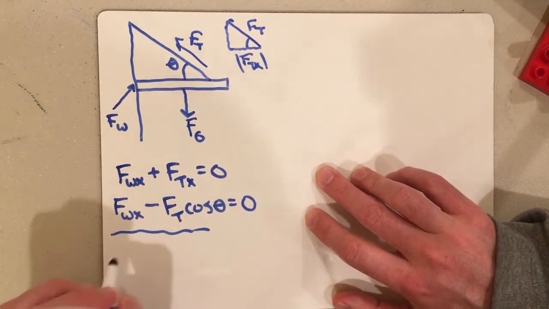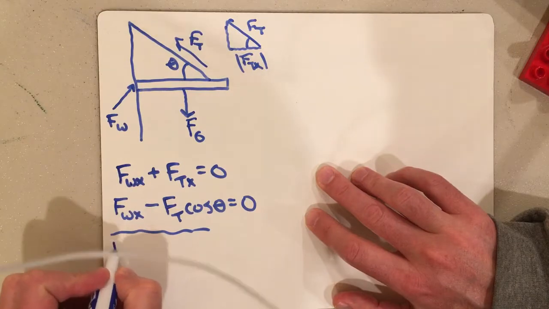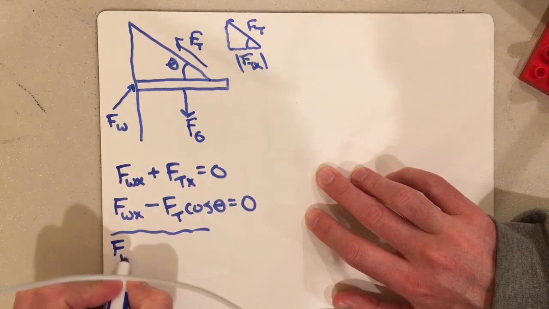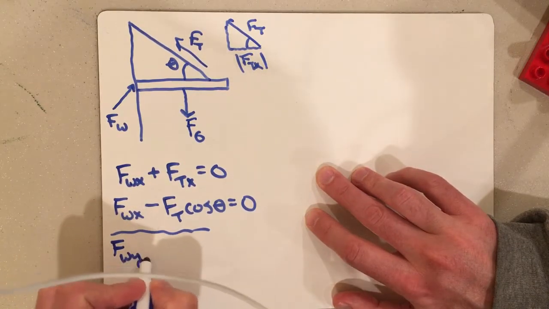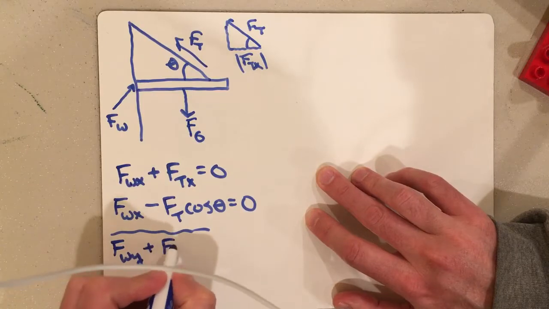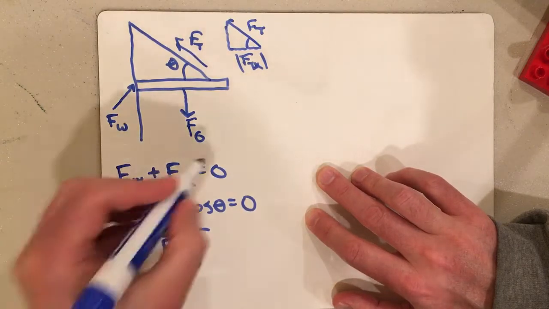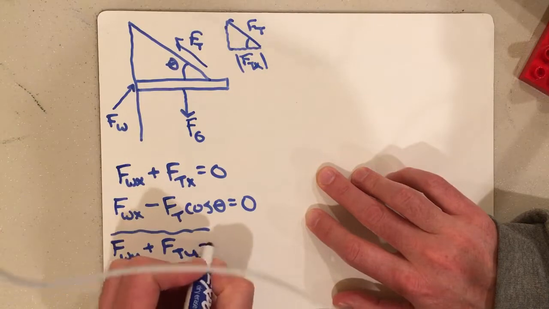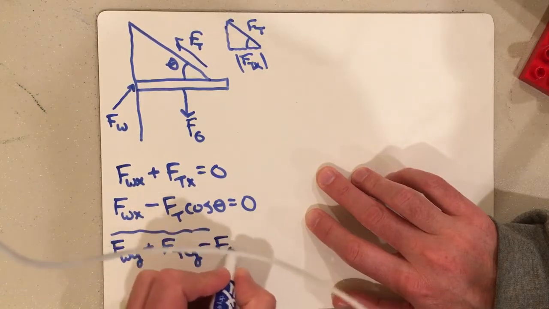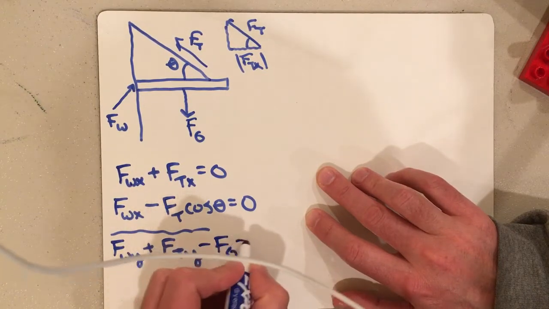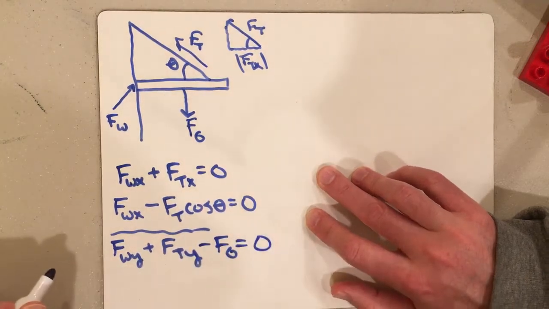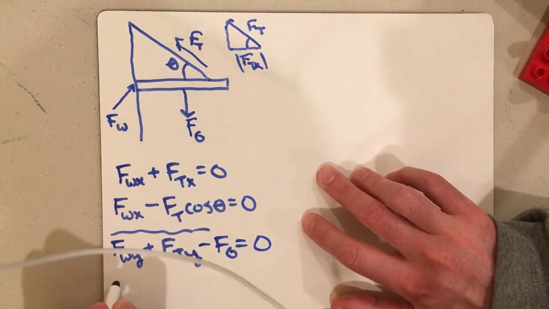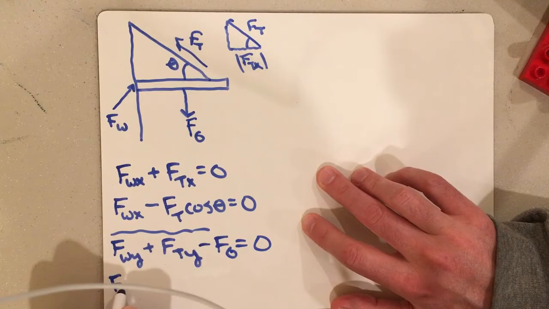We also need to do the y components. This is Fwy plus Fty, and I already know what the y component of gravity is. It's going to be minus Fg, so I'll just put that in as minus Fg equals 0. And again, we can do a little vector analysis.